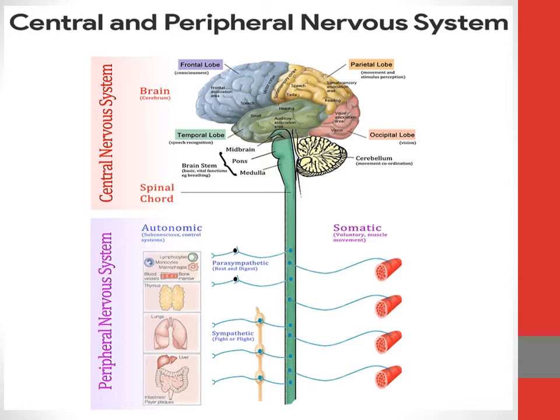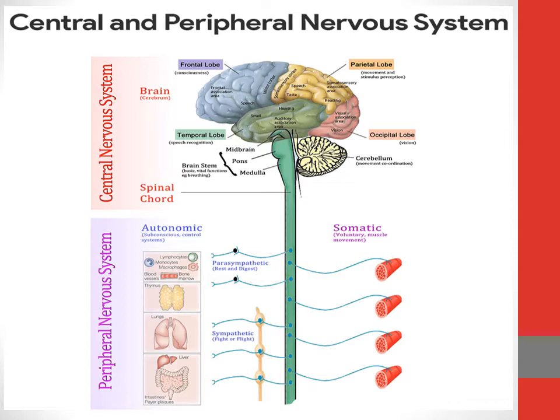And the fibers on the left side of your brain will cross over in the medulla, in the brainstem, to the right side. So your left cortex controls the right side of your body in terms of motor and sensory. Just like the right side hemisphere controls the left side of your body for motor control and for sensory input.